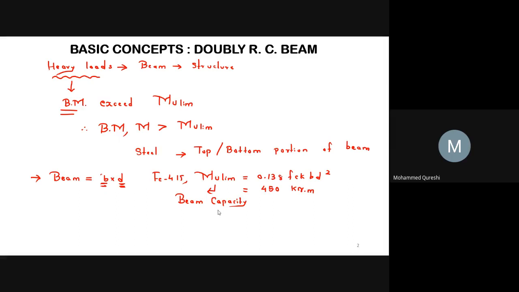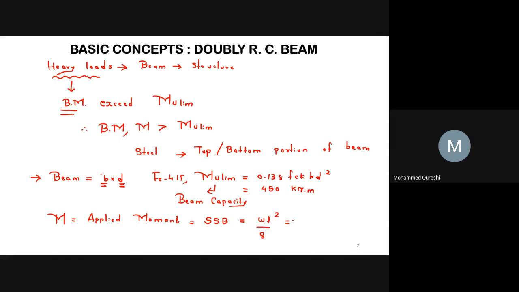Now, we will calculate the applied moment, that is M. This is our applied moment. So, let us consider that our beam is a simply supported beam. And for a simply supported beam, we know the equation WL square by 8.